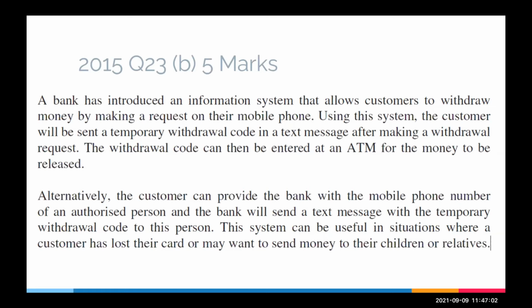Alternatively, the customer can provide the bank with the mobile phone number of another person so that that person can get the text message and withdraw the money. This system can be useful in situations where a customer has lost their card or wants to send money to their children or relatives. That's actually a very easy way. So that's basically the scenario.